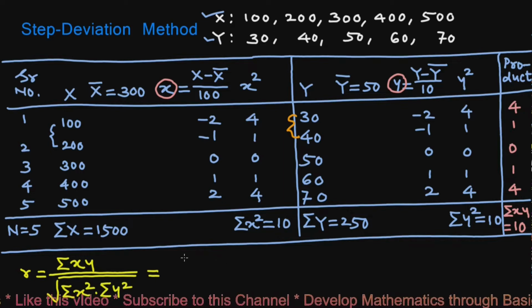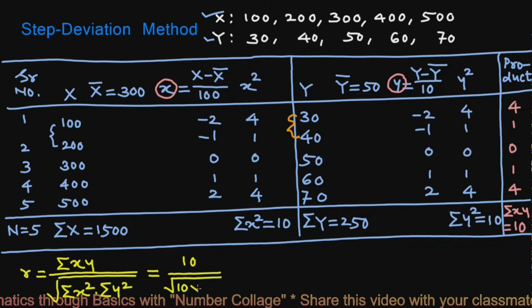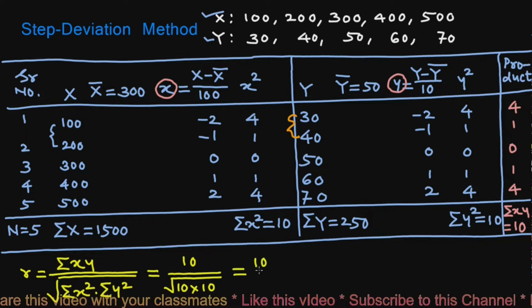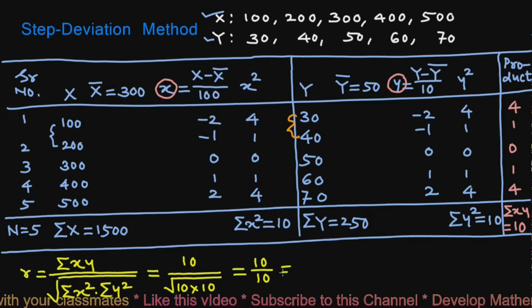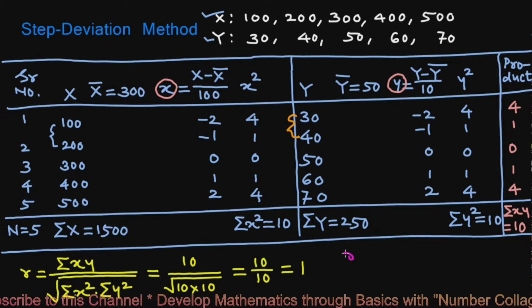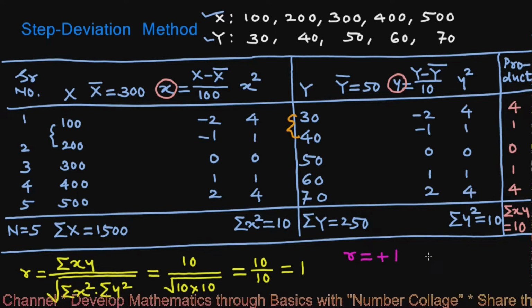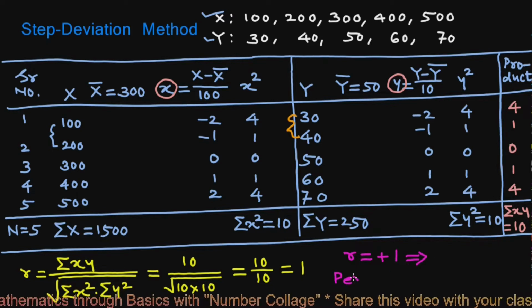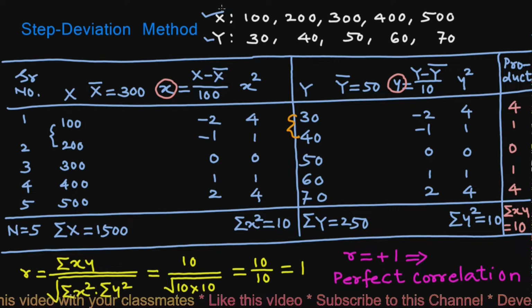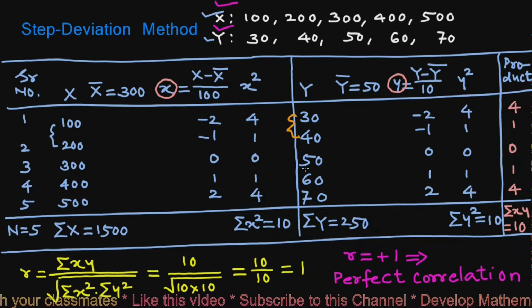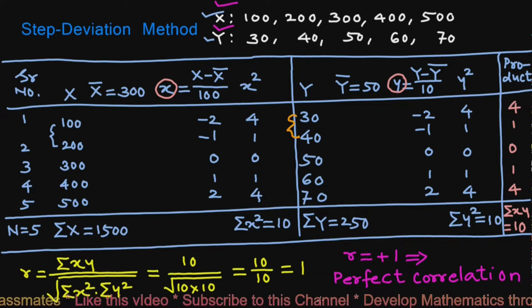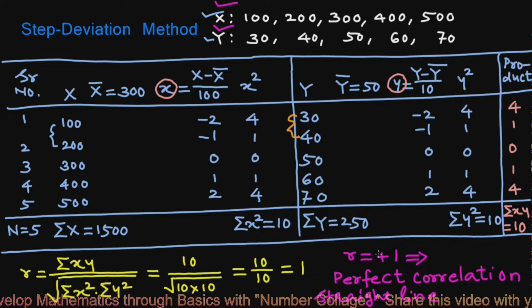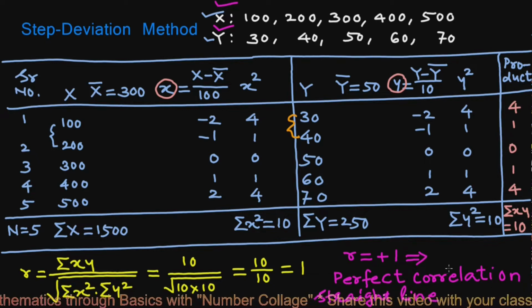So we write 10 upon square root of 10 into 10, that will be 10 upon 10, or r will be 1. Value of r equals plus 1 suggests that there is perfect correlation between x and y, and its scatter diagram will be a straight line from left bottom to right top.